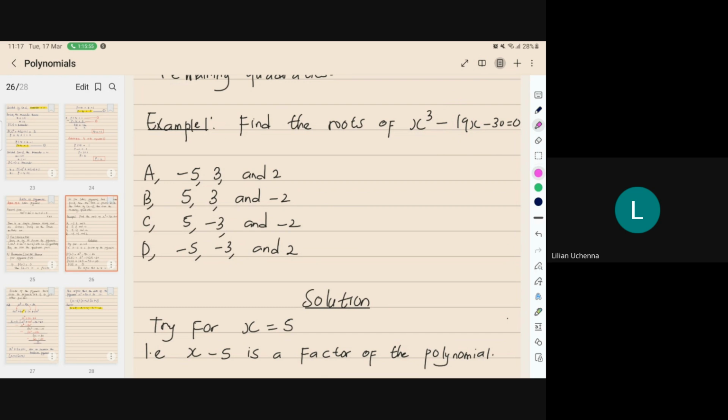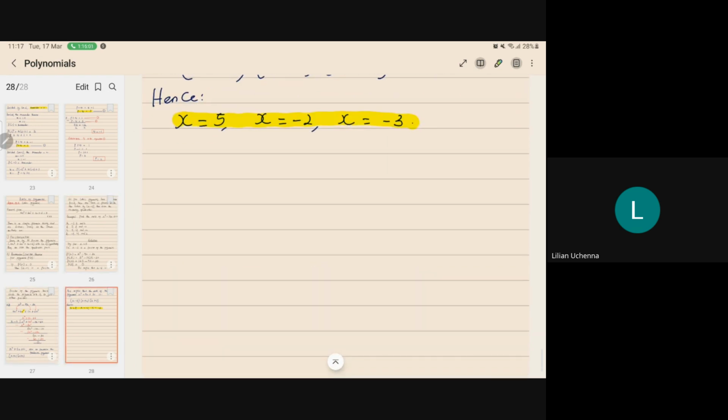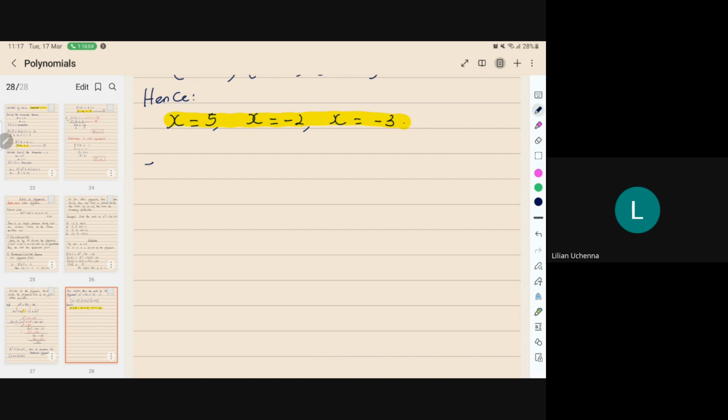So let's solve. Let me get the one that nothing is missing. So you find the root of this, right?